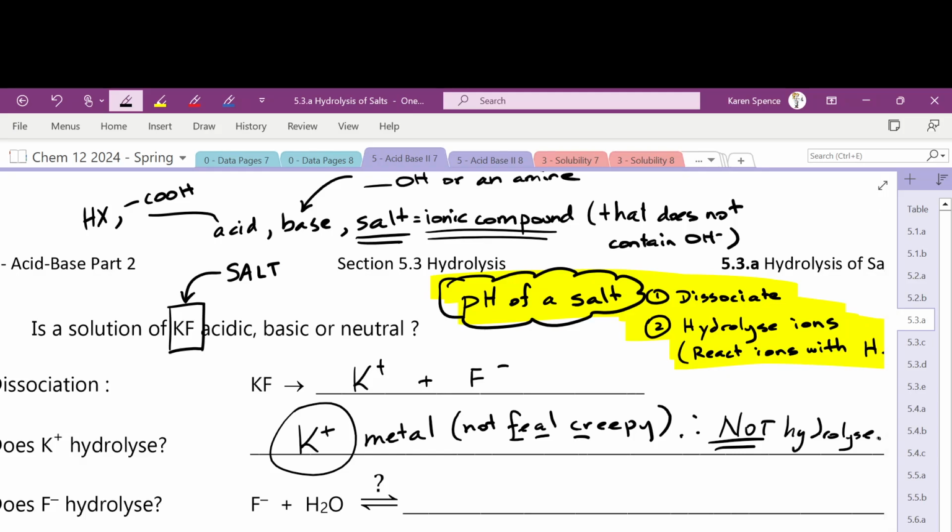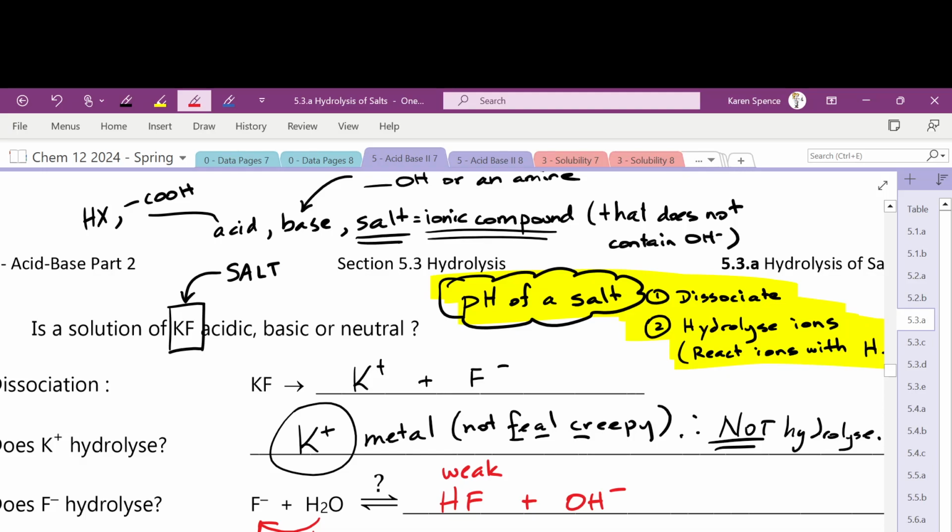Does F minus hydrolyze? Let's try it out. If we take a hydrogen from the water and put it onto F, what do we get? HF. Plus, who's left over? OH minus. Is HF strong or weak? It is weak. And if this is weak, then we say, yes, hydrolysis.